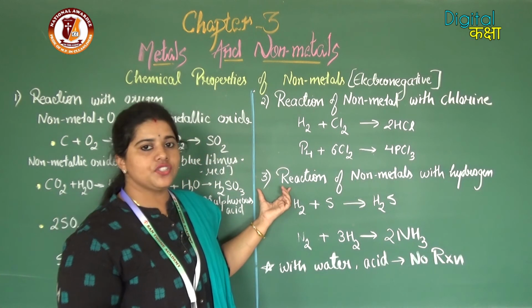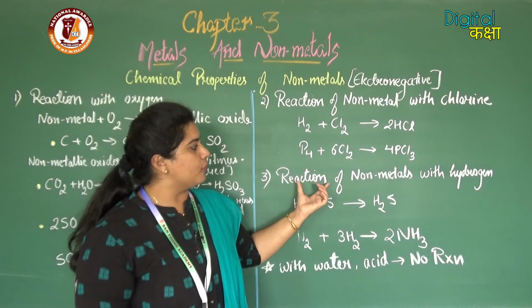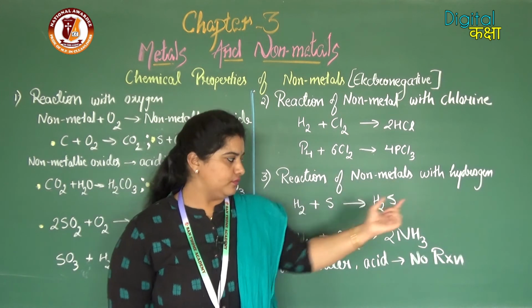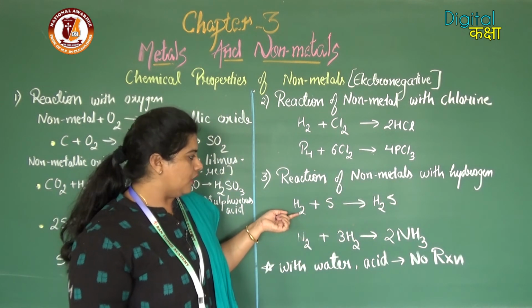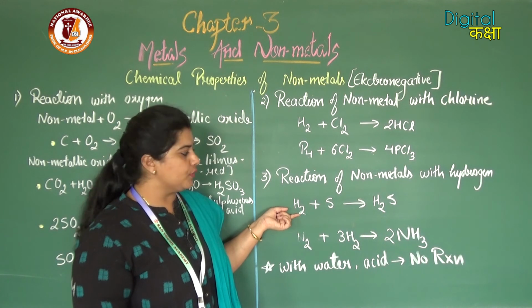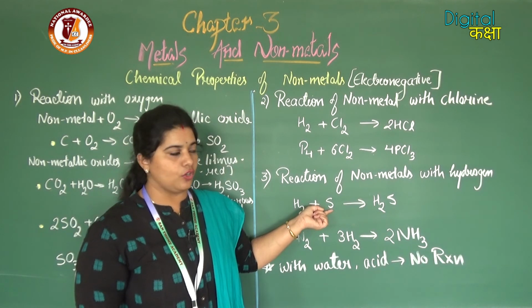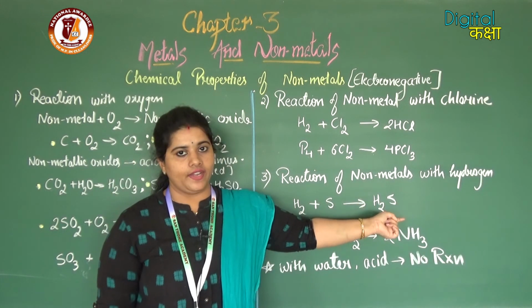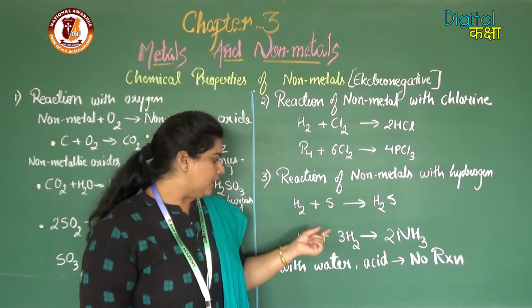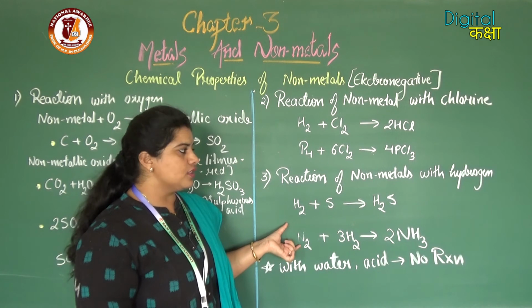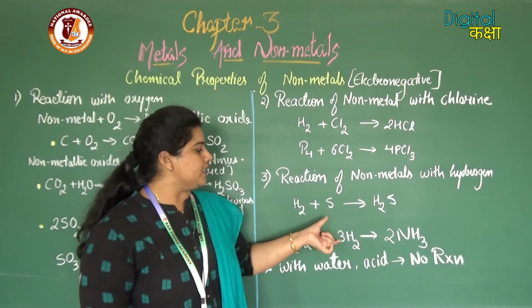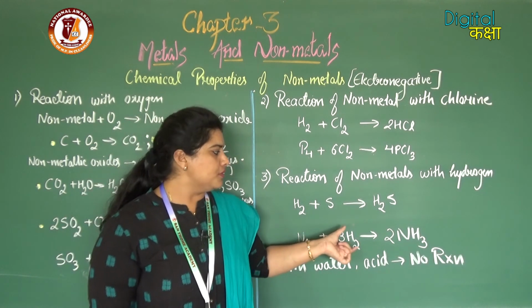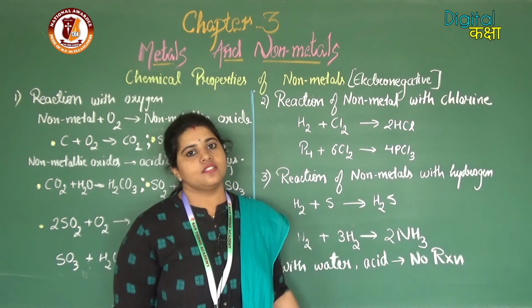Now the next reaction is reaction of nonmetals with hydrogen. The first reaction, hydrogen combines with sulfur. Sulfur is a nonmetal. So it forms hydrogen sulfide, H2S gas. Similarly, when nitrogen, a nonmetal, combines with hydrogen, it forms NH3, that is ammonia.